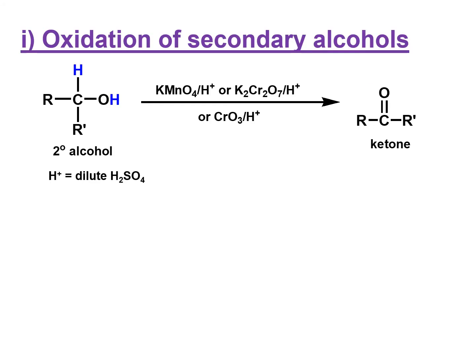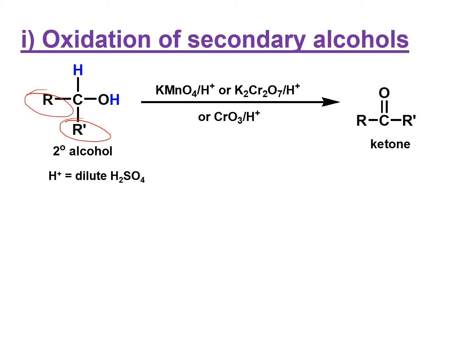So we go to the oxidation of secondary alcohol first. Now we have a secondary alcohol, because we have two alkyl groups here. It reacts with a strong oxidation agent, either Jones reagent, K2Cr2O7, or CrO3.